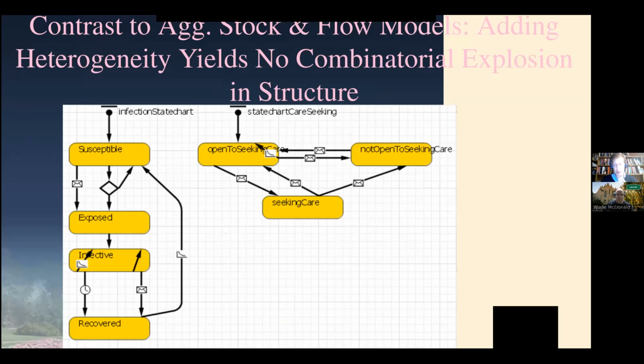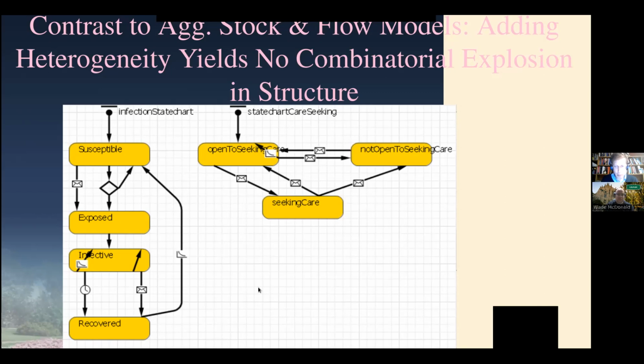Now, importantly, when we think about these in the context of older types of aggregate dynamic models, we can represent at an individual level a given agent's state and its evolution over time with respect to more than one type of concern. So, for example, infection, or care seeking, or vaccine attitude, perhaps, or chronic diseases that serve as risk factors for infection.